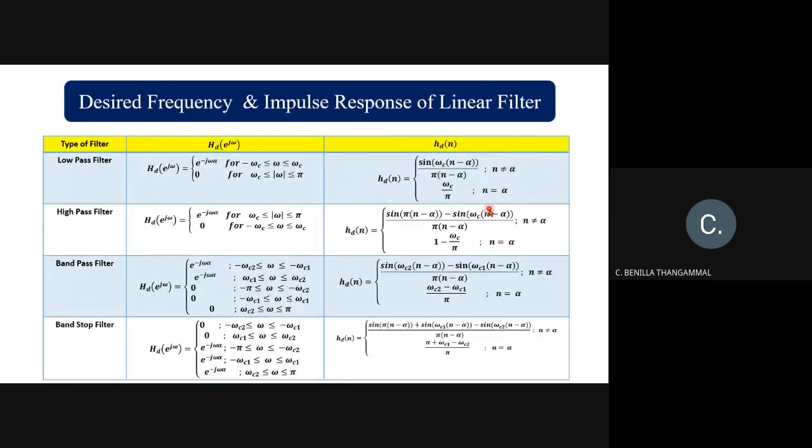But for a linear phase filter, Hd of e power j omega is e power minus j omega alpha. So for all four filters, Hd of e power j omega will be defined as e power minus j omega alpha. This tells you that the filter belongs to the linear phase filter. And here the desired impulse response is categorized by n not equal to alpha and n equal to alpha.